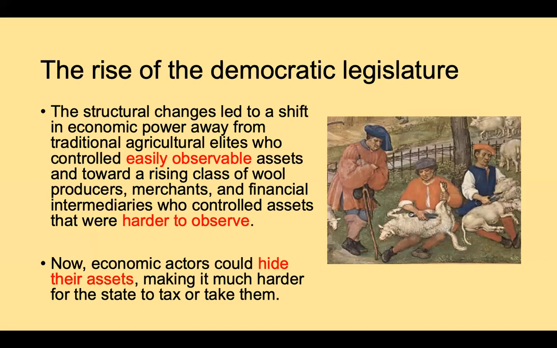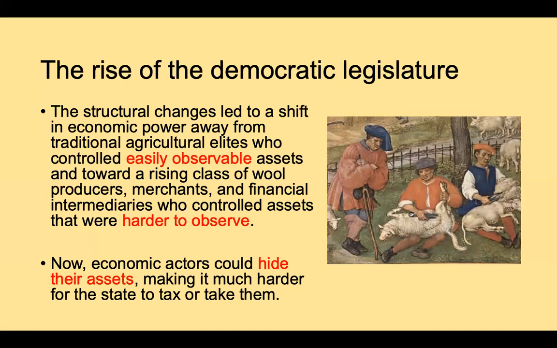And it would make it much, much more difficult for the state to take or to tax those assets. Suddenly, it was very, very easy for much of economic activity to take place sort of undercover, in a way that was difficult to observe or not in direct view of state actors.